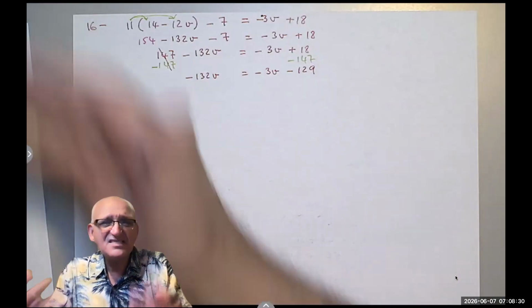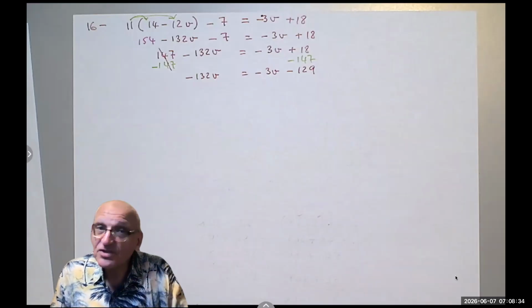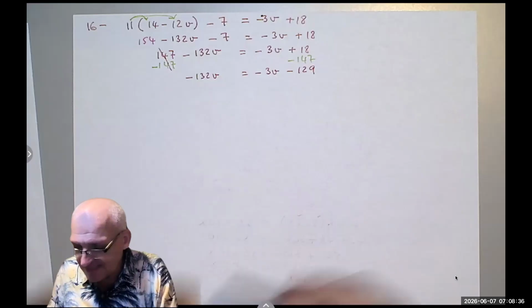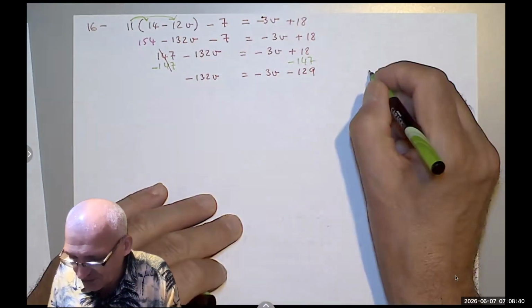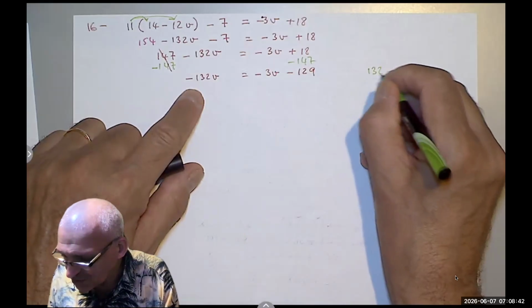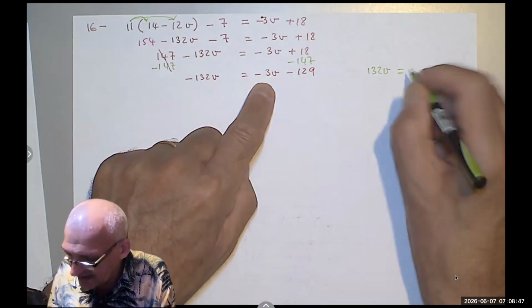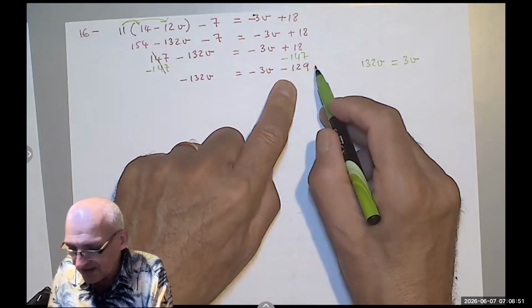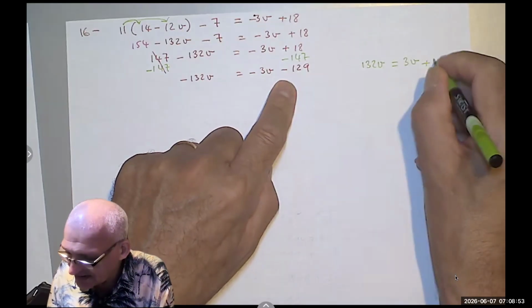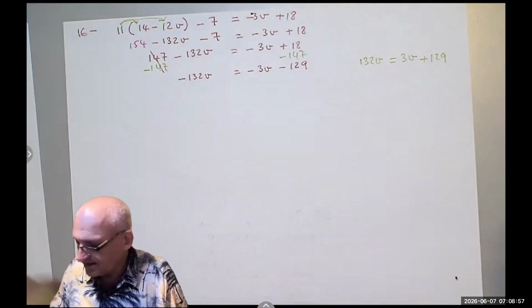Why? Because it's easier for me to use positive values. You don't have to do that. So if I multiply the left-hand side by negative 1, it will become 132v. I'm going to multiply the negative 3v by negative 1. I get positive 3v. And I'm going to multiply the negative 129 by negative 1. I get positive 129. Let's solve it both ways and see what we get.